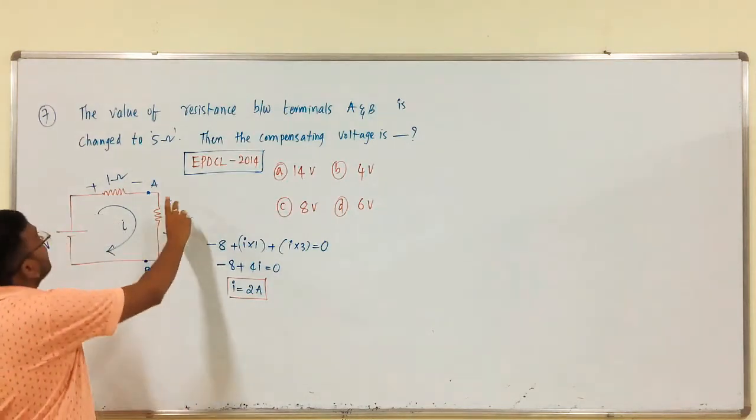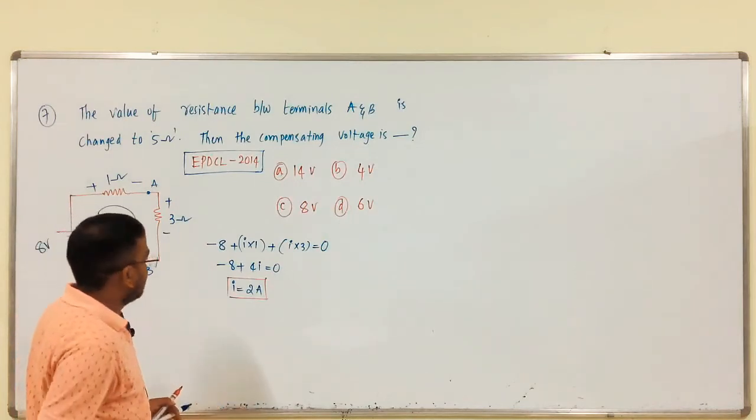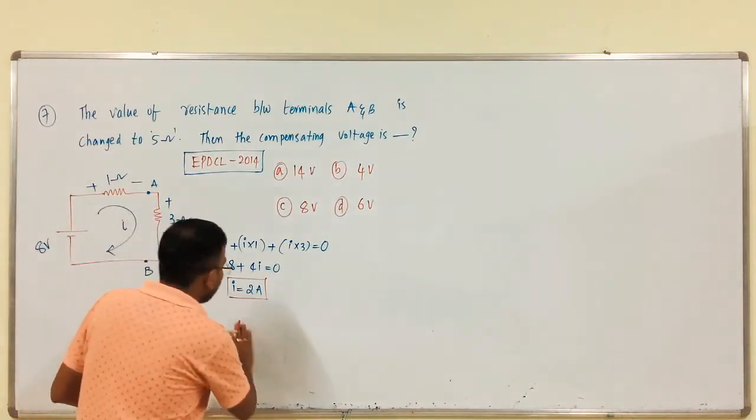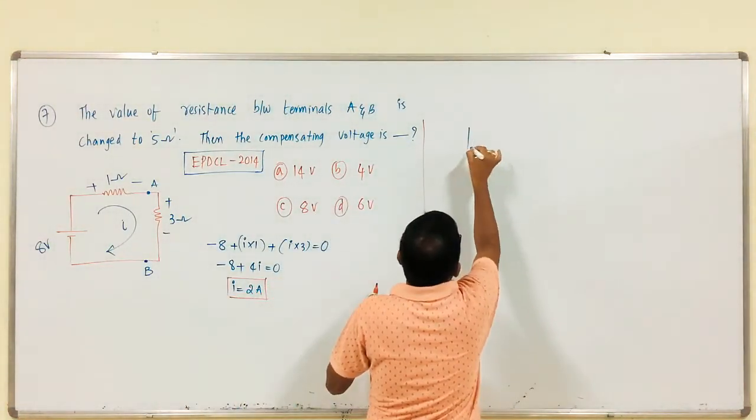Next, between these two terminals the resistive branch is changed, then the circuit becomes what? You know the value of current, right?